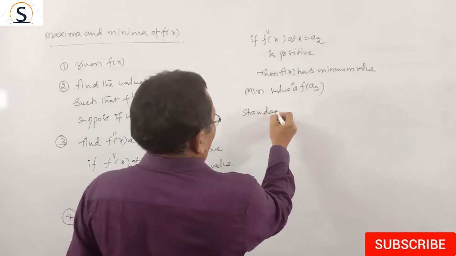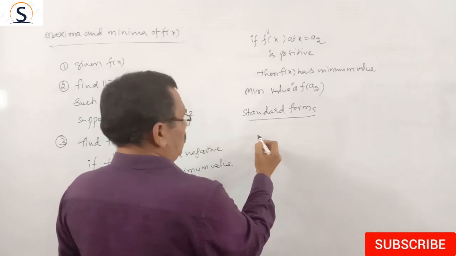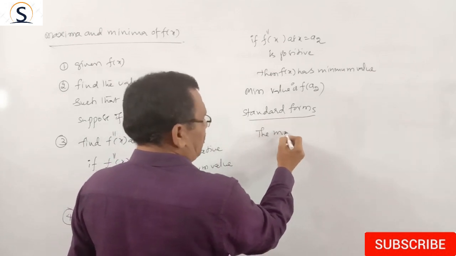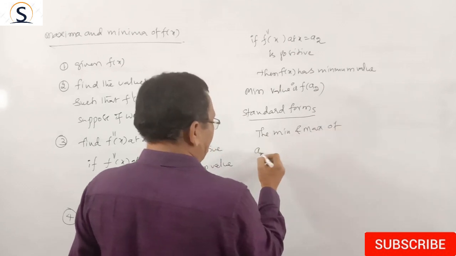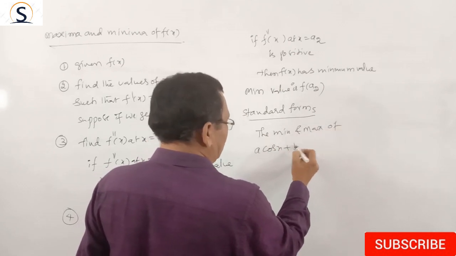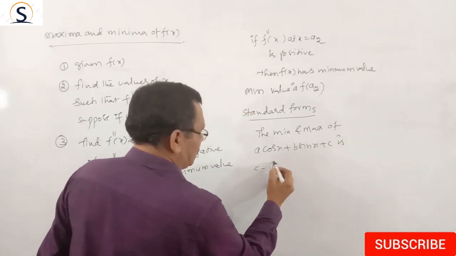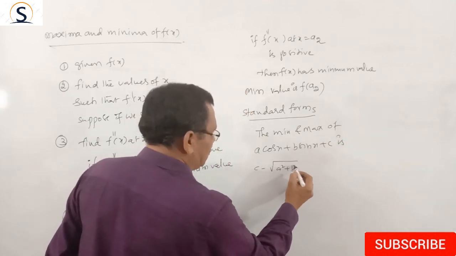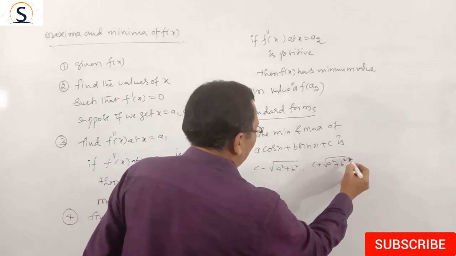Standard forms. First, the minimum and maximum of a cos x plus b sin x plus c are c minus root a square plus b square, and c plus root a square plus b square.